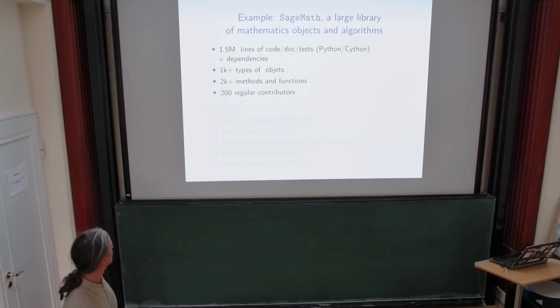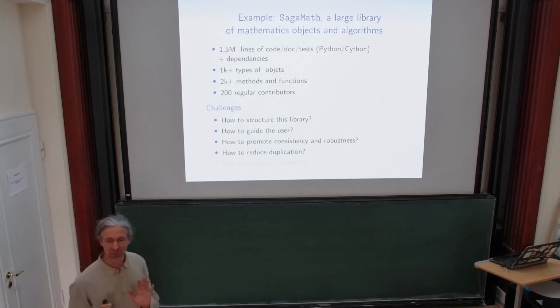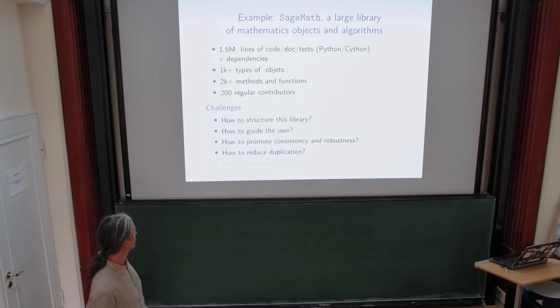So it can get a bit messy. So the challenges are how to structure the library, from a development perspective, and how to help the user with some form of consistency, and if it can be robust, that would be nice. And one key thing is, it's hard to write good code. The less code you write, the less chance you have bugs. So try to avoid as much as possible duplication and try to have things that are modular.